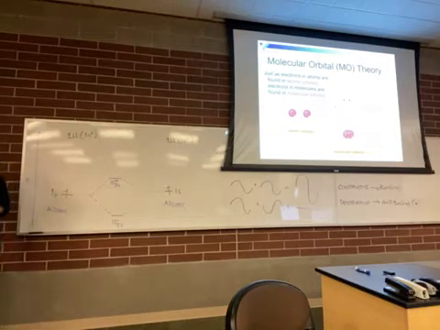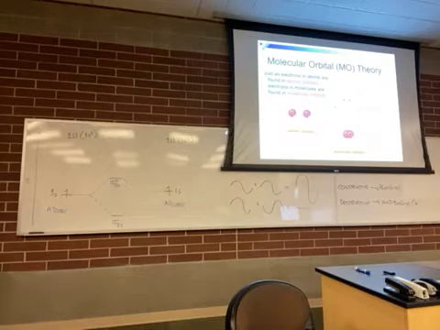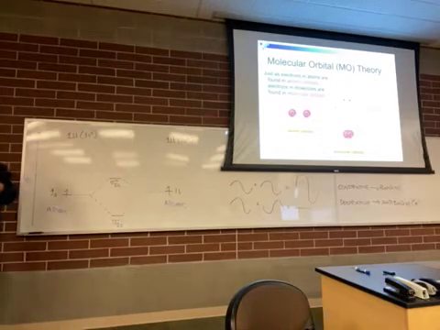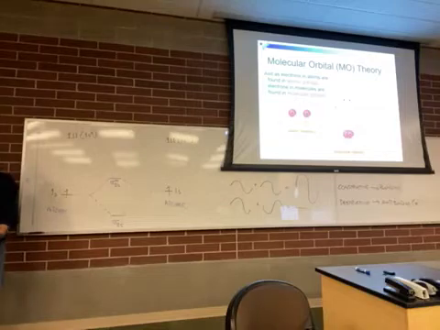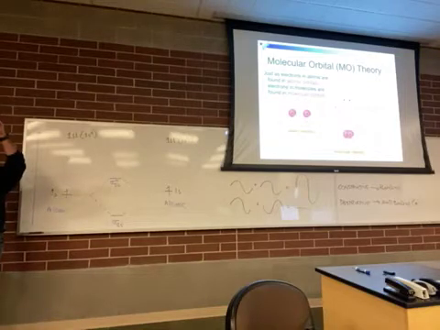Yes? If you go from sigma 1s star to sigma 1s, you have to go to the 1s separated first. You can't jump directly to that. Because again, everything's going to go low energy first and populate to high energy. Okay? Are we tracking?